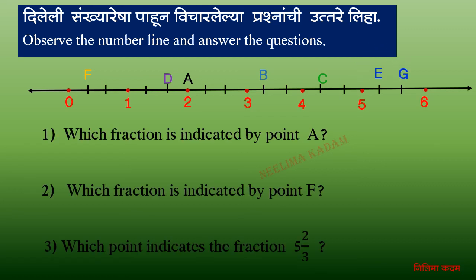Let's see which fraction is indicated by point A. Now point A, which fraction is indicated? Yes, it is 2, or you can write this as 0 by 3, so this will be 6 upon 3. Okay. Next, which fraction is indicated by point E?